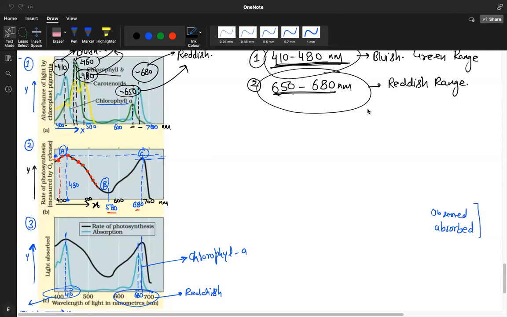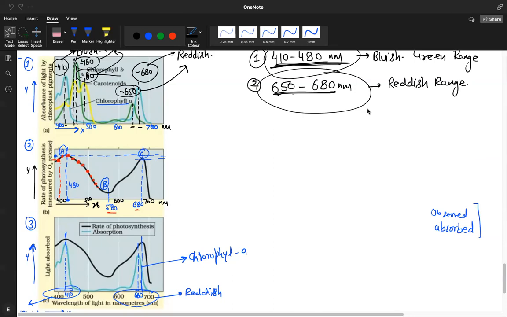So we concluded that the maximum absorbance was at 410 to 480 nanometers, that is the bluish green range. And then second was 650 to 680 nanometers, that is the reddish range. It means the most light is absorbed in bluish green and reddish rays.